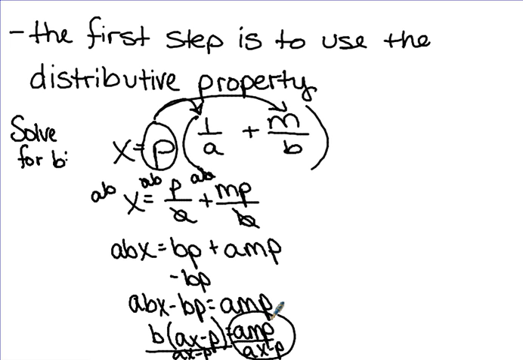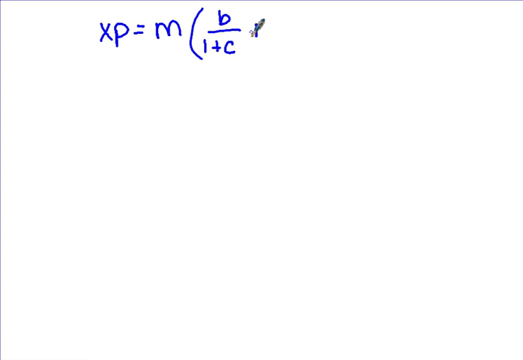Let's look at another example. In this example, again, we're going to use the distributive property first. We have xp equals m times b over 1 plus c plus a over p. And in this problem, we're going to solve for c.